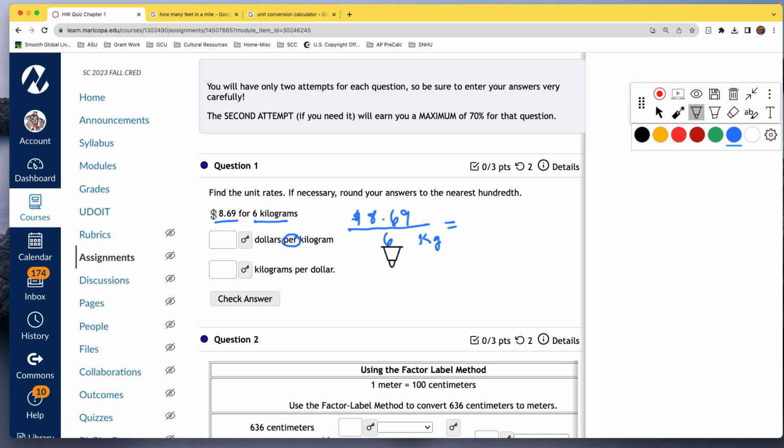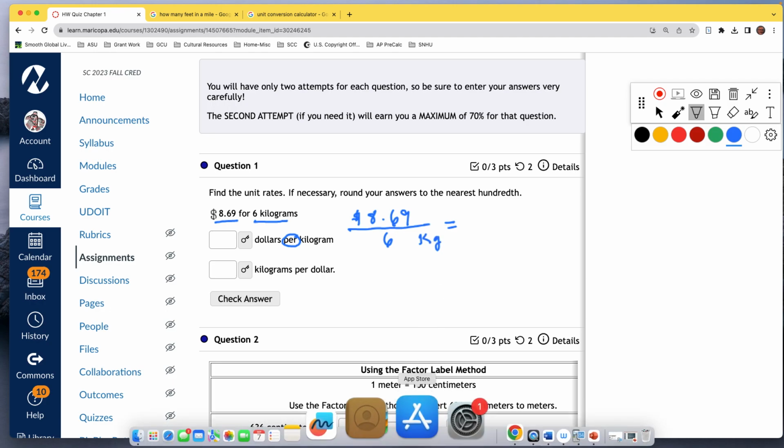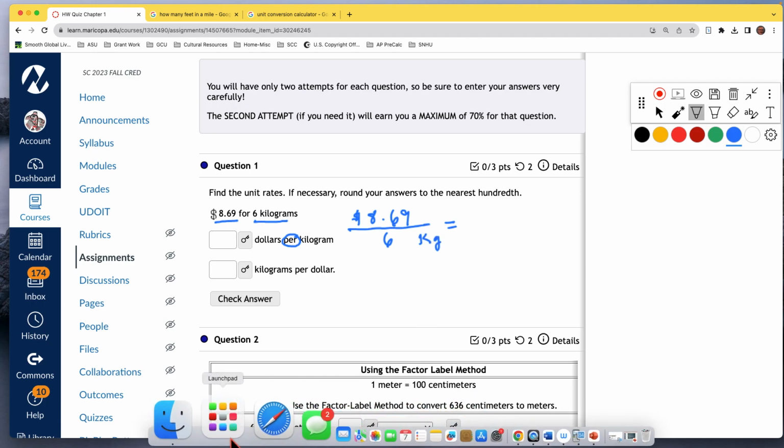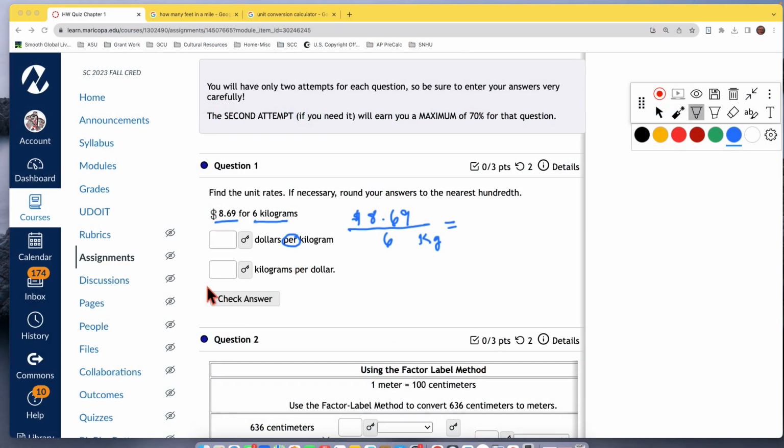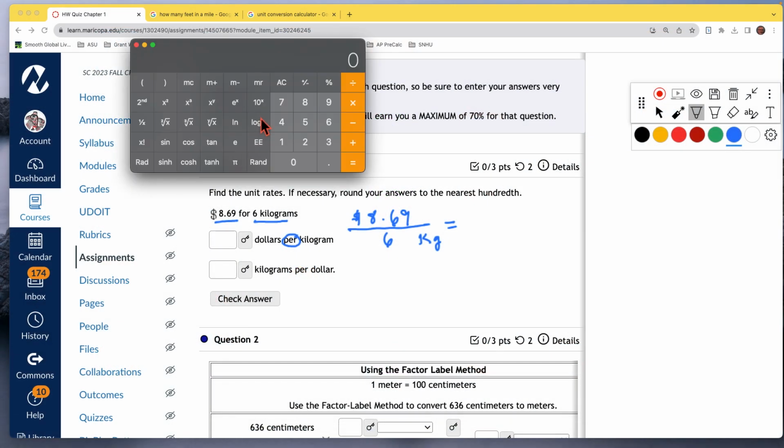Now for this one, we just go ahead and plug this in our calculator. 8.69 divided by 6. We come up with 1 point, and they say to the nearest hundredth, so that's 2 decimal places. So I'm going to write this as 1.45.